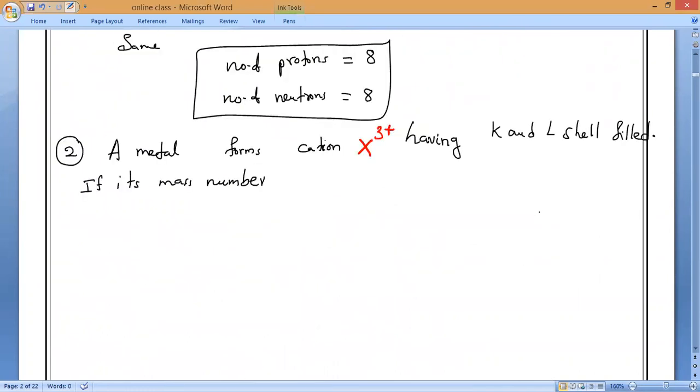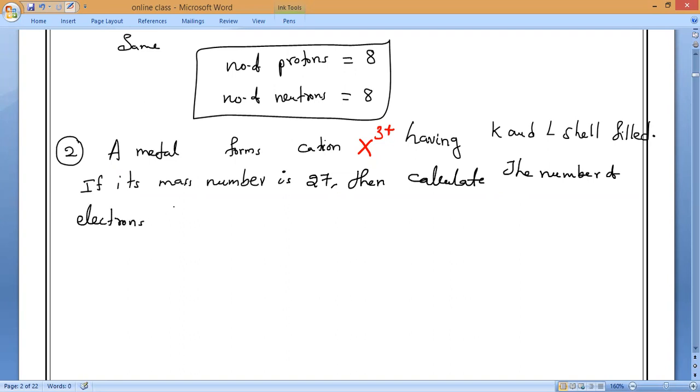So, if its mass number is 27, then calculate the number of electrons, protons, and neutrons.